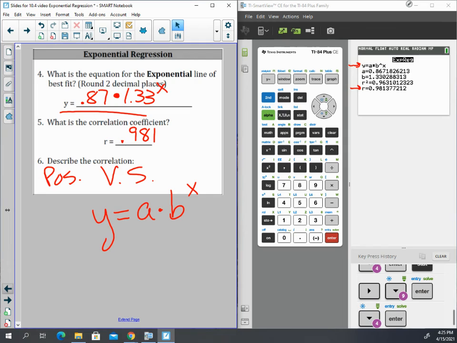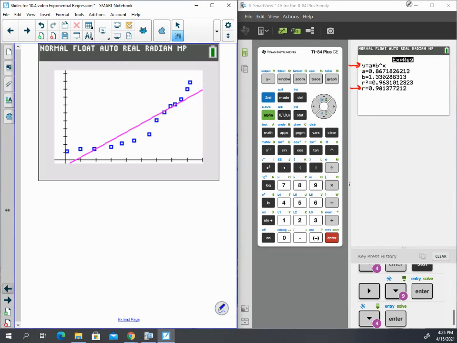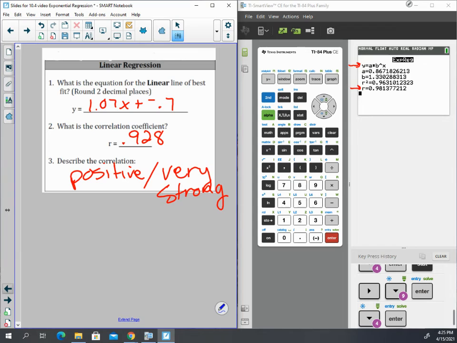But if we come back here, this was our exponential correlation coefficient. And if we come back one farther, or 2 farther, here was our linear correlation coefficient. So which one is stronger? They're both very strong, but which one is even stronger?